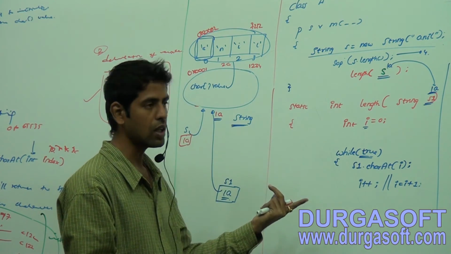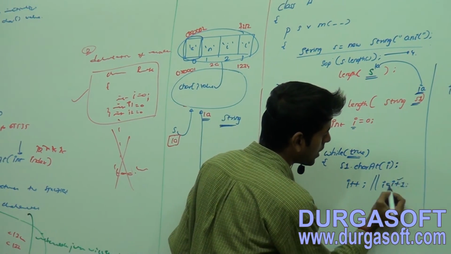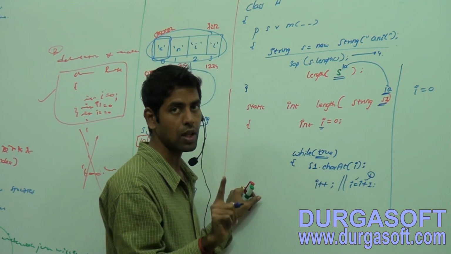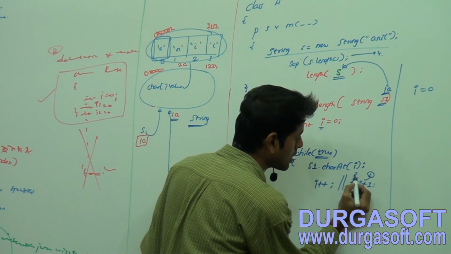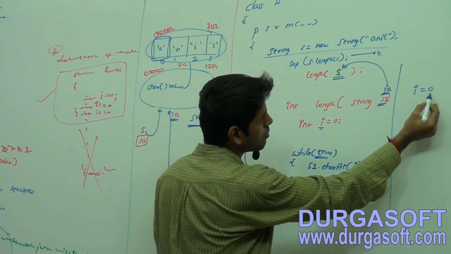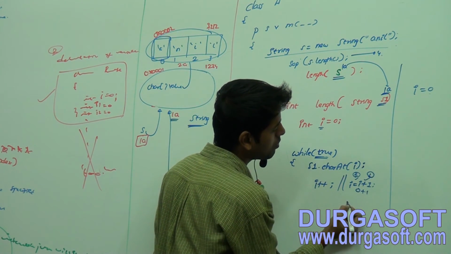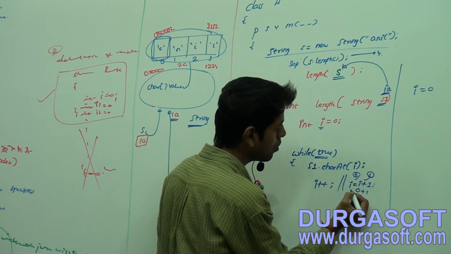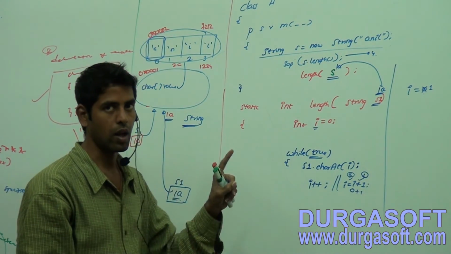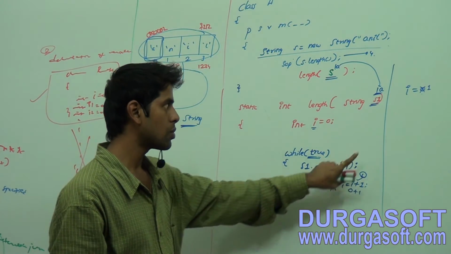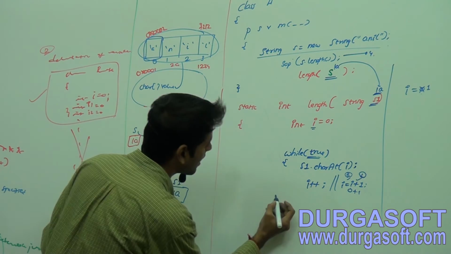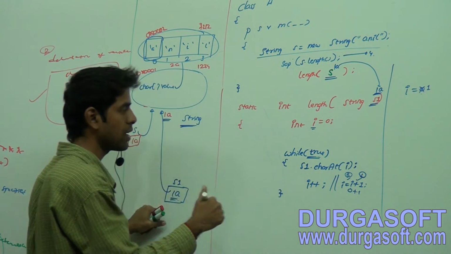This is an operator, this is also an operator. This operator has the highest priority and this operator has the next priority. I value currently at memory is 0. 0 plus 1 is 1. I am assigning 1 to I only. So this value will now be 1.